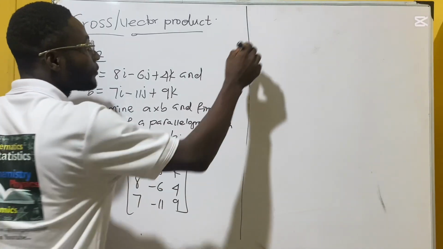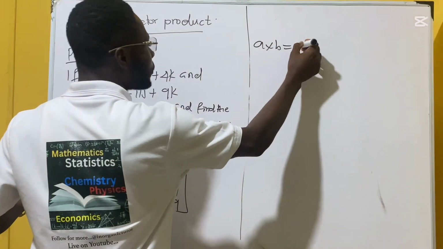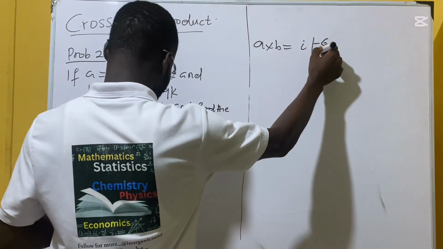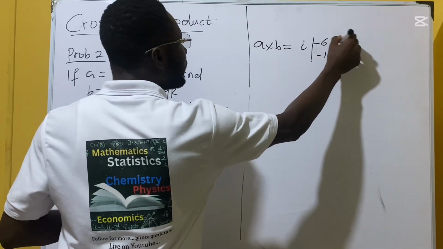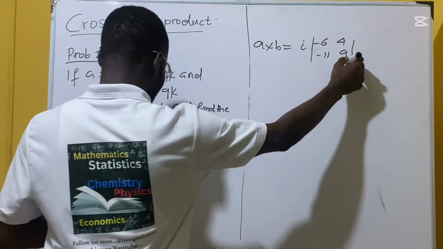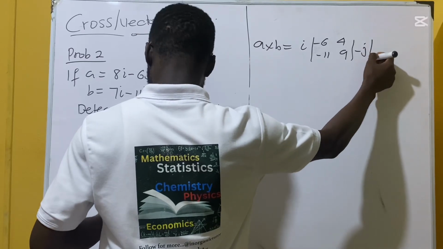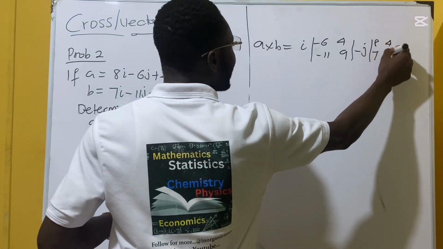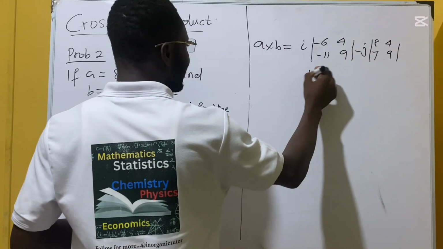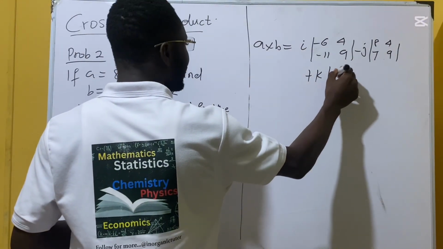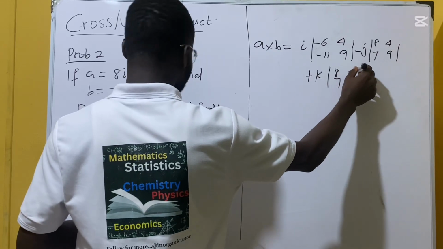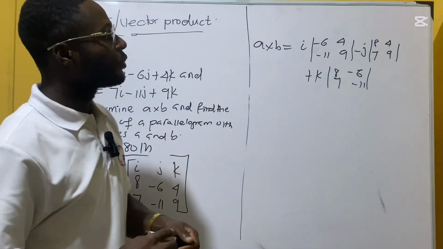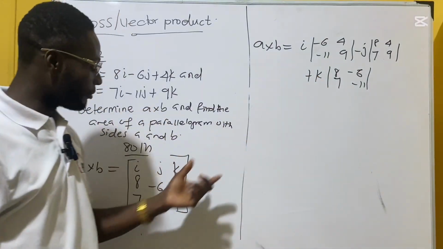Determinants. So A cross B is equal to I into -6, -11, 4, 9, minus J into 8, 7, 4, 9, plus K into 8, 7, -6, and -11. Okay, so this is what we have from the breakdown.